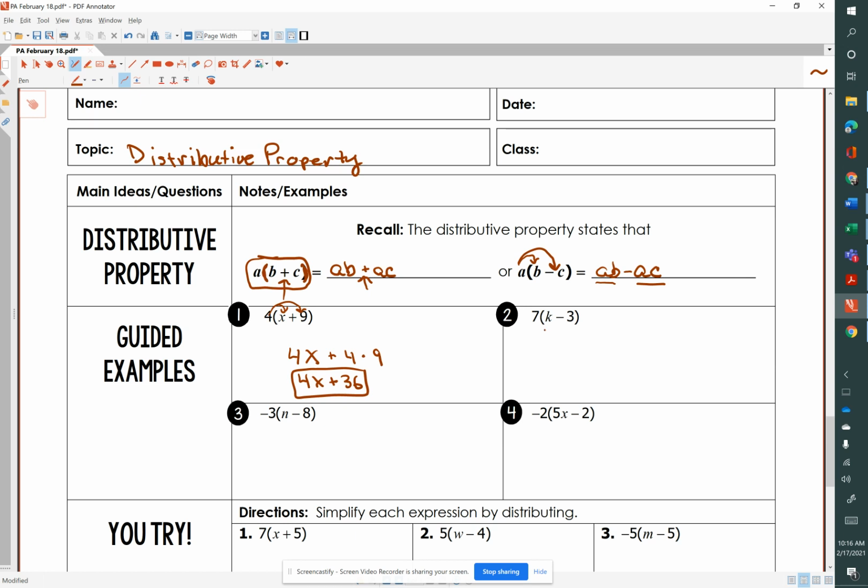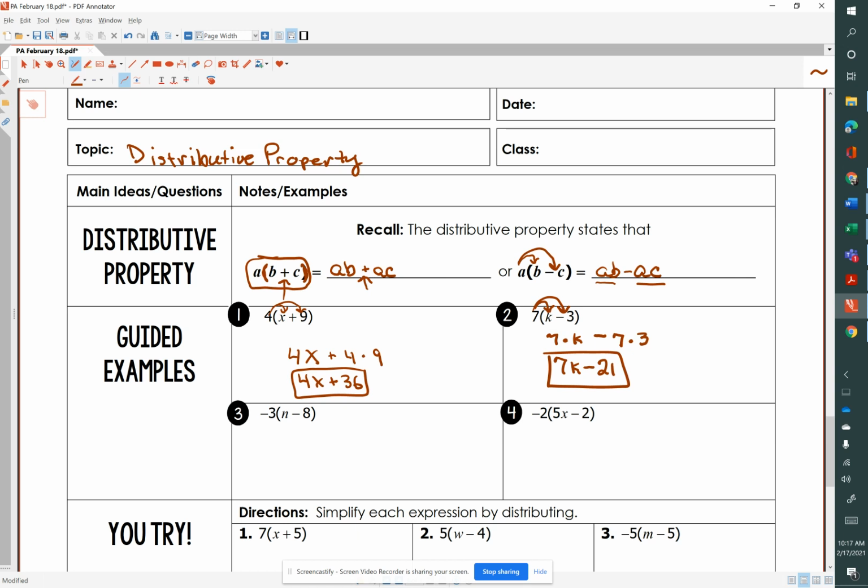Number 2, we will start out with 7 times k, and then 7 minus 7 times 3. And 7 times k is 7k. And then we have minus 7 times 3, 21, and that's our final answer.